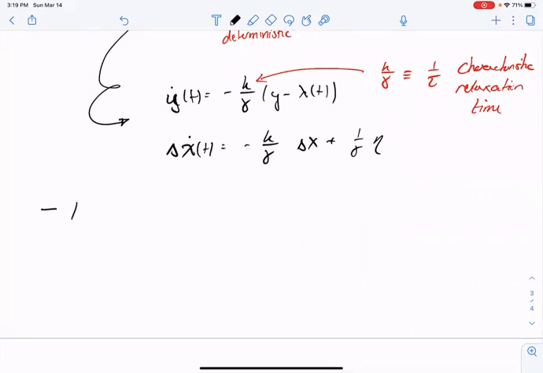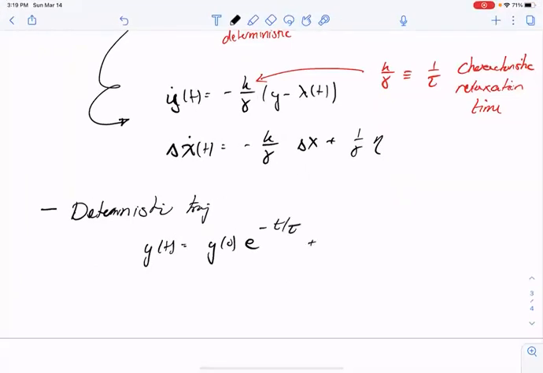Thinking first about the deterministic trajectory, y of t integrated, treating minus 1 over tau y as the homogeneous piece, we get y of 0 e to the minus t over tau, plus the inhomogeneous piece, the integral over t prime, e to the minus (t minus t prime) over tau, lambda of t prime.